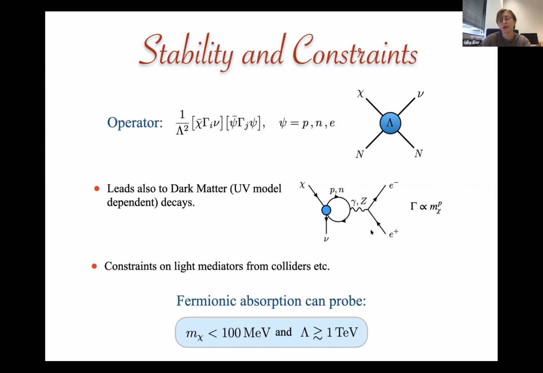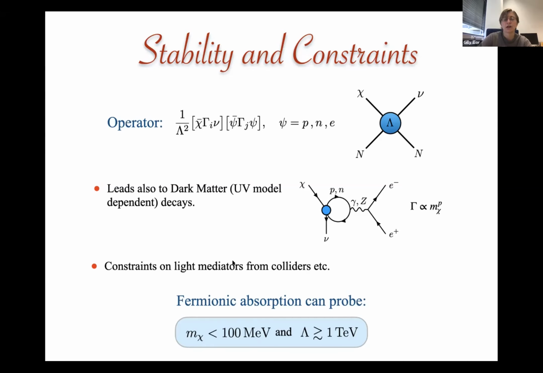Which diagrams actually contribute and what the rates are is a very model dependent question, but they're generically going to scale as the dark matter mass to some power. What that tells you is that this is a very good way to probe light dark matter. In the back of your head, think of searches for 100 MeV or less scale dark matter.